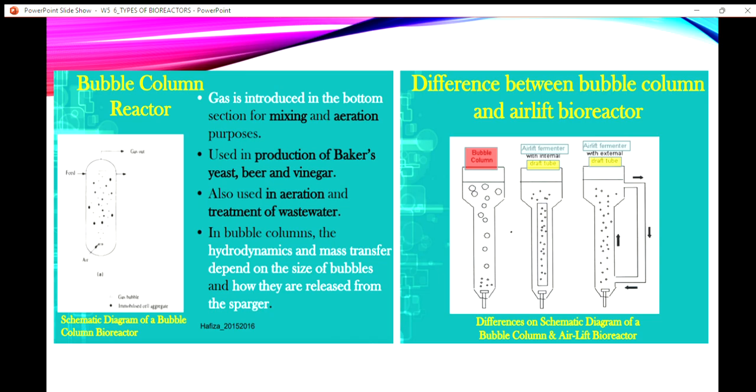If the draft tube is in the middle, the gas will pass from the bottom to the top, and it will pass through to the left and the right. But if the draft tube is an external loop, the gas will pass through at the top, go to the external loop and come down, and be in the middle again.